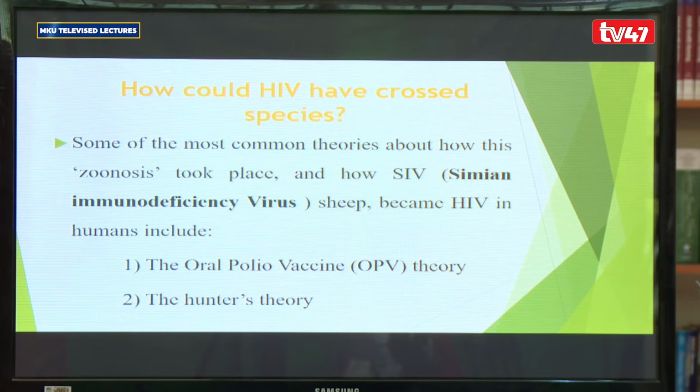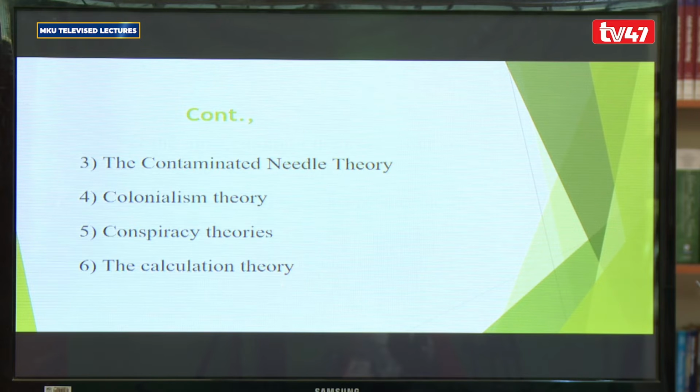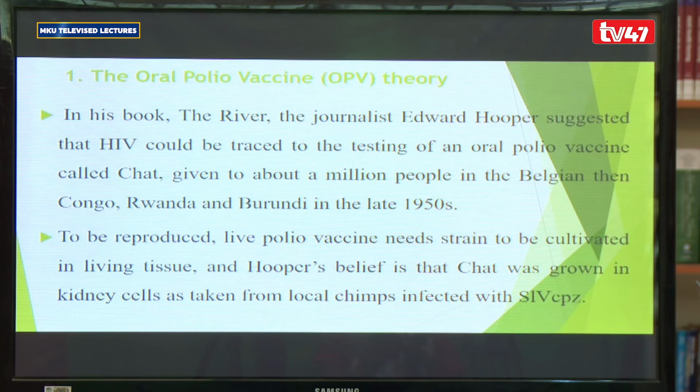We also have the hunters theory, the contaminated needle theory, the colonialism theory, the conspiracy theory, and the calculation theory. All these theories will explain how the disease of HIV spread through humans.